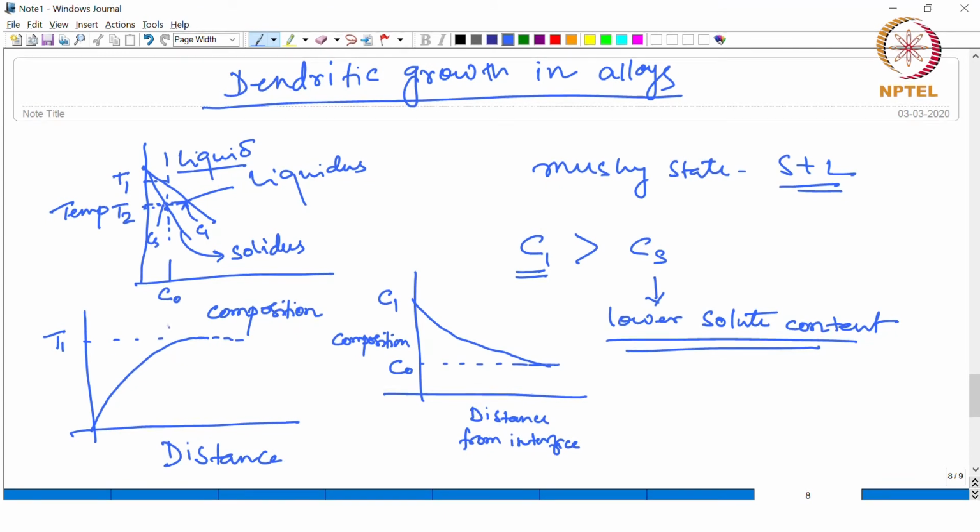So, this is how the liquidus temperature would vary as a function of the distance. Now, if you measure the actual temperature of the liquid ahead of the interface and plot it, that would also increase with the increasing distance, like this.